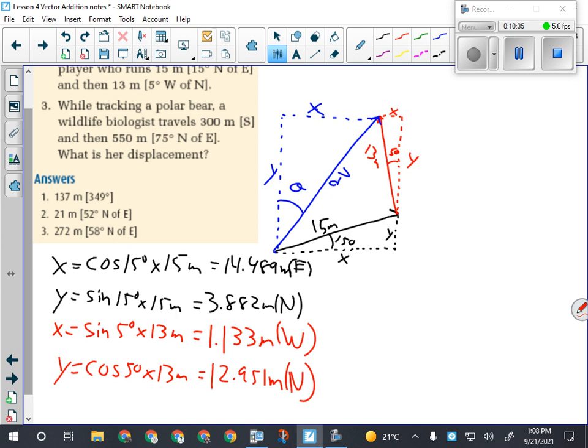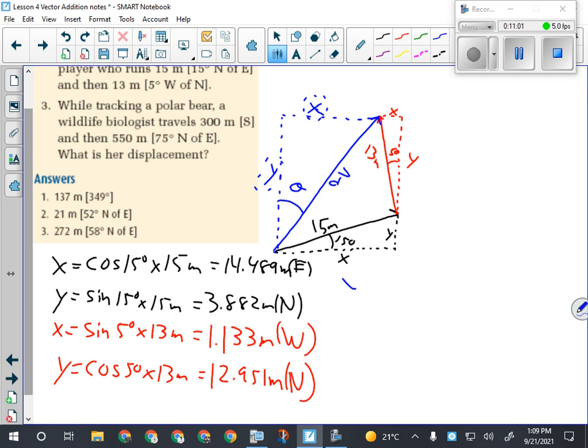All right, so now I've got my x's and my y's calculated, so now I need to remember that my next step is to use these x's and y's to get my resultants, x and y, right? In this problem, we go 14.489 meters east, and then we backtrack 1.133 meters west.